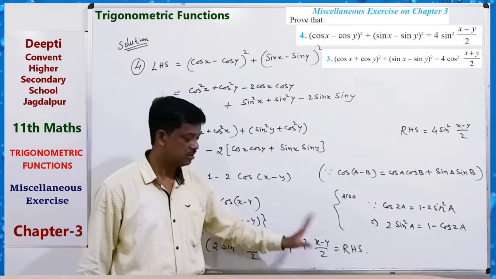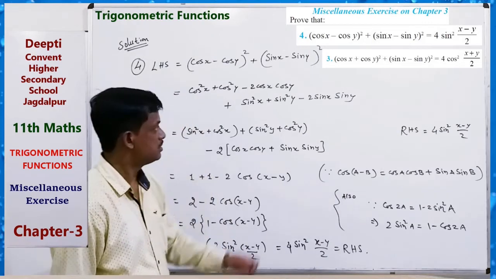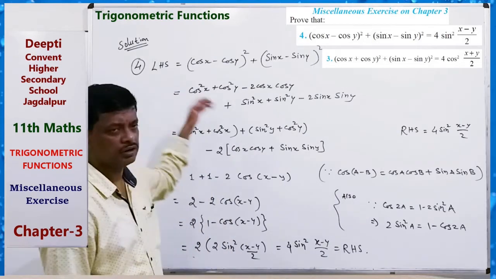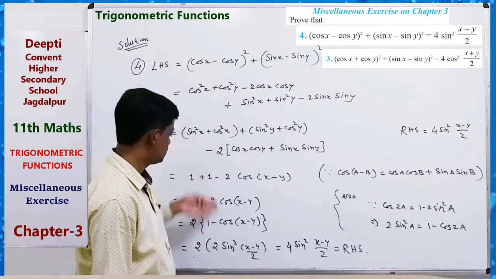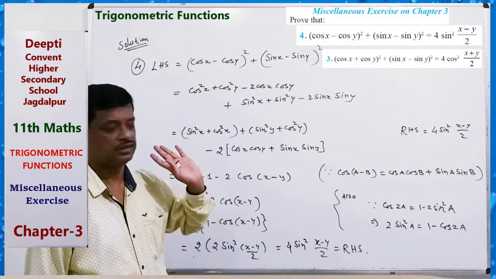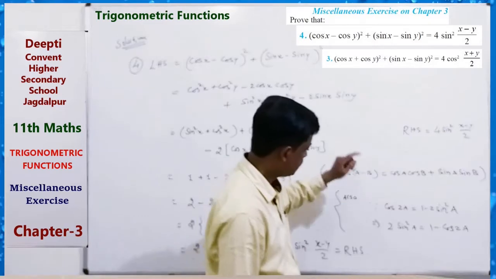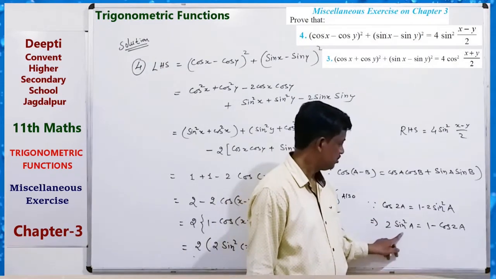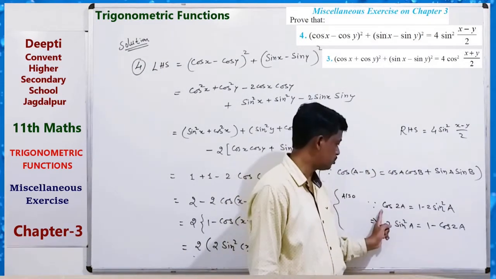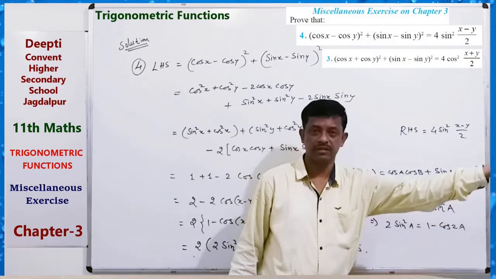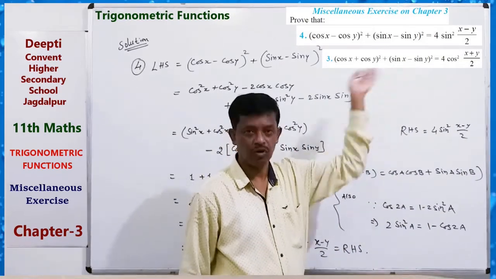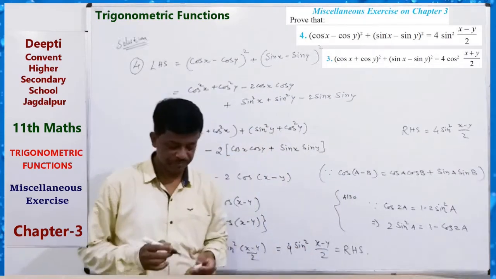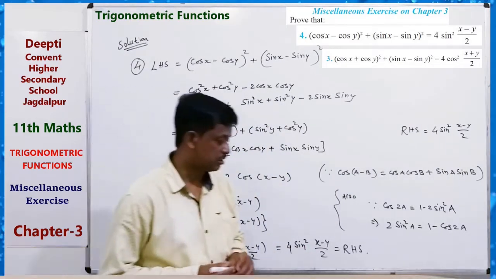So this is the solution of question 4, and question 3 can be solved by a similar method. Here only the plus sign is there, just proceed. And in place of this formula, for 3 you have to use cos 2a equals 2 cos square a minus 1 for getting the value in terms of cos. So 4 questions are completed.